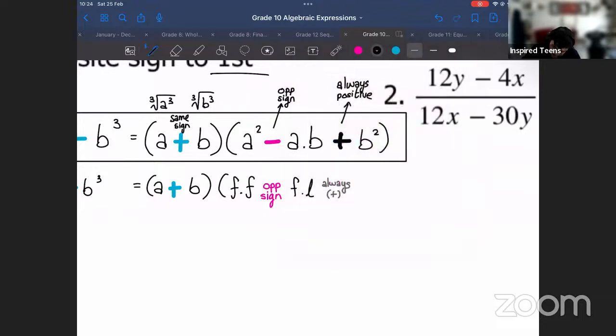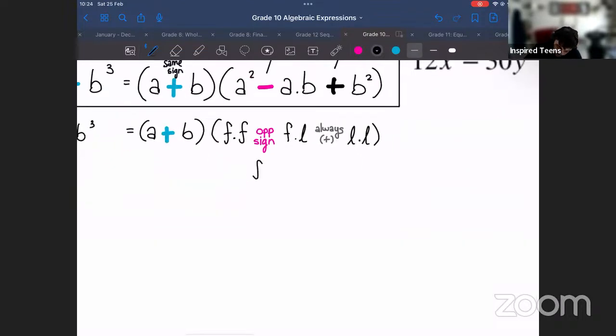Okay. How do you get the last term? Last term times the last term. Okay. Remember, we are talking about F is the first term of the binomial, L is the last term of the binomial.